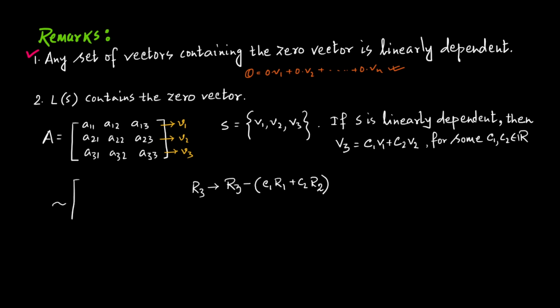Absolutely correct. I will get the third row to be 0 and the first and second rows will remain intact. So my matrix will become equivalent to this matrix.